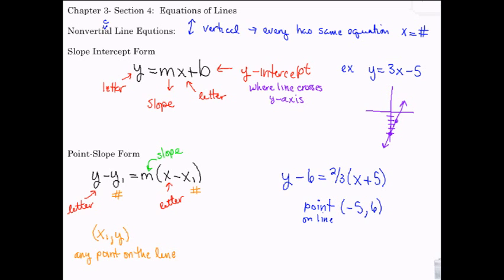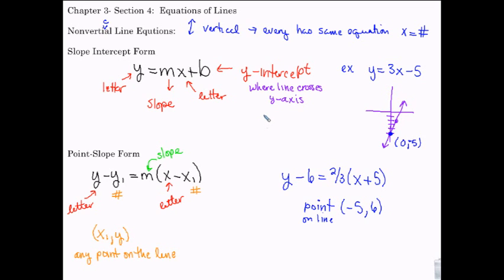The only real difference in these is that they're both telling me a point on the line. It's just that this is a specific point on the line. This point right here, which is 0, negative 5, thank you. It'll always be 0, some y value.